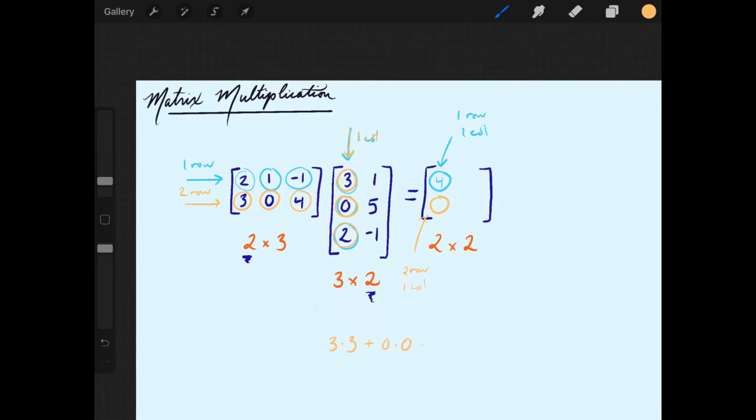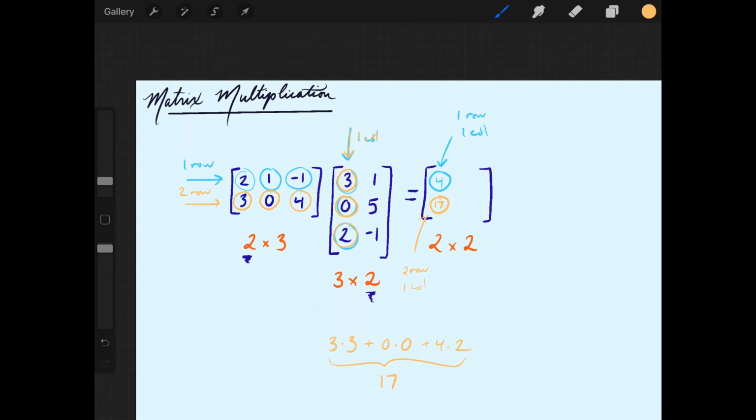And then I proceed to the last thing, 4 times 2. All right, simplifying this, I have 9 plus 0 plus 8. So that's 9 plus 8, which is 17. And 17 is what goes in the second row, first column of my answer matrix.